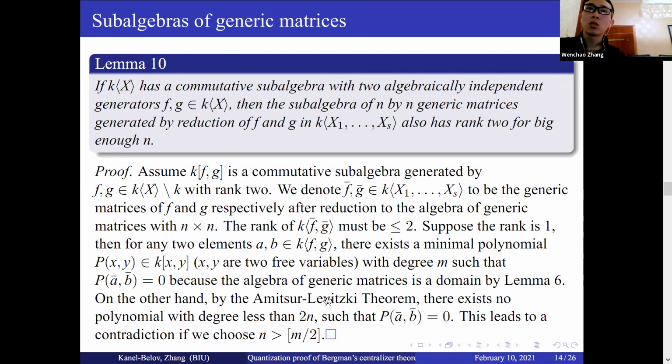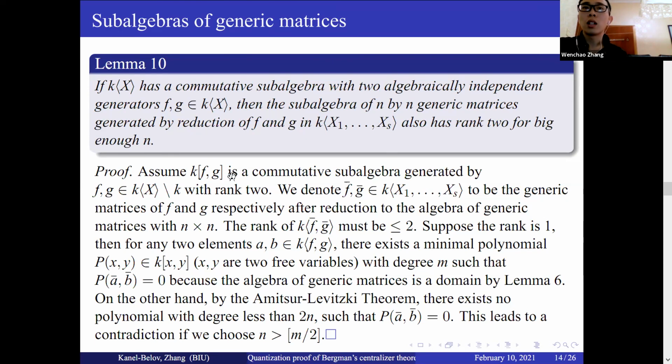Then we can show that if there is a commutative subalgebra of rank 2 in the free associative algebra, algebraically independent, then we also have a subalgebra of generic matrices which also has rank 2 for big enough n, meaning n by n matrices.